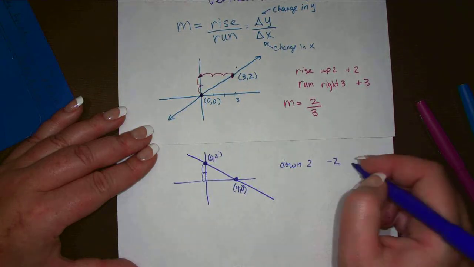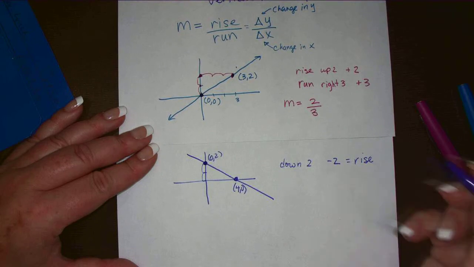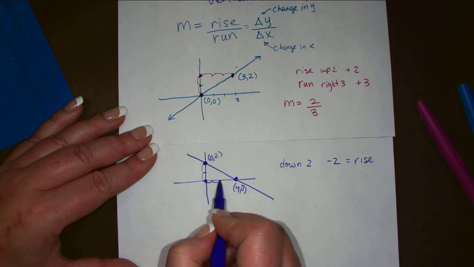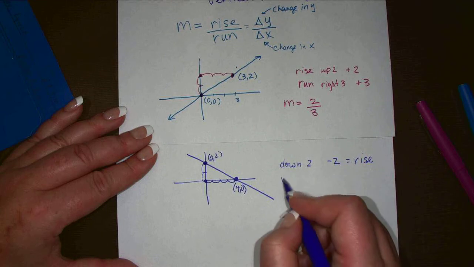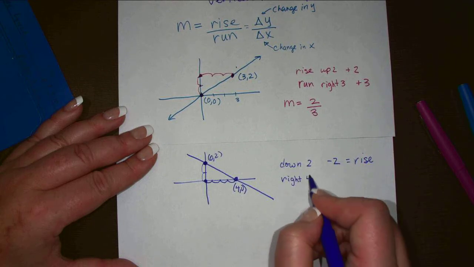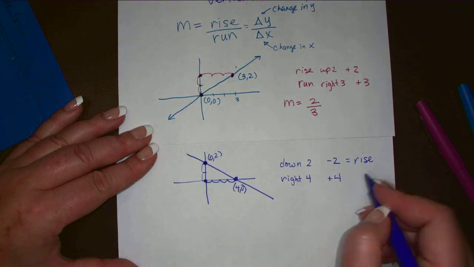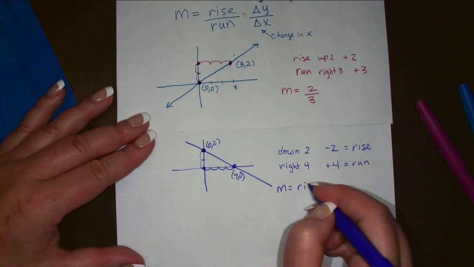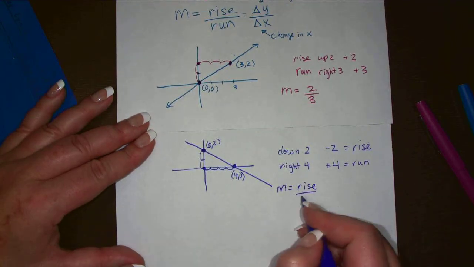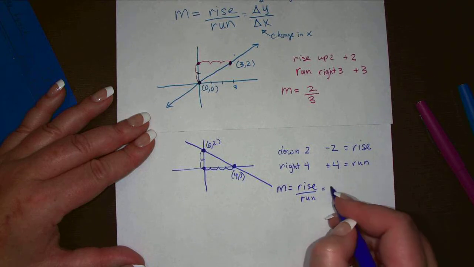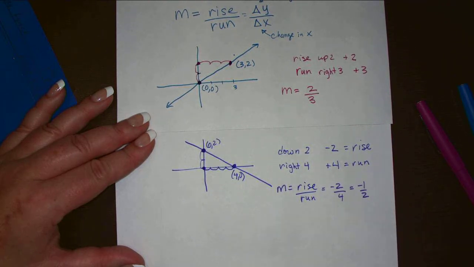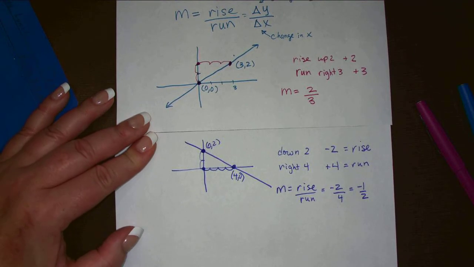Then we're now down here at 0, and we need to go 4 to the right, which will be plus 4, the run. So rise over run, we get negative 2 over 4, which is negative 1/2. So not as steep as negative 1, because it's a fraction, and negative as it's going down.